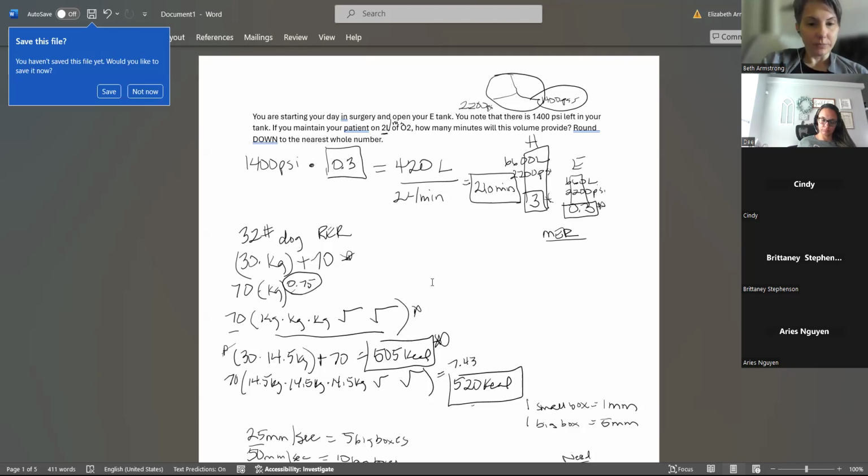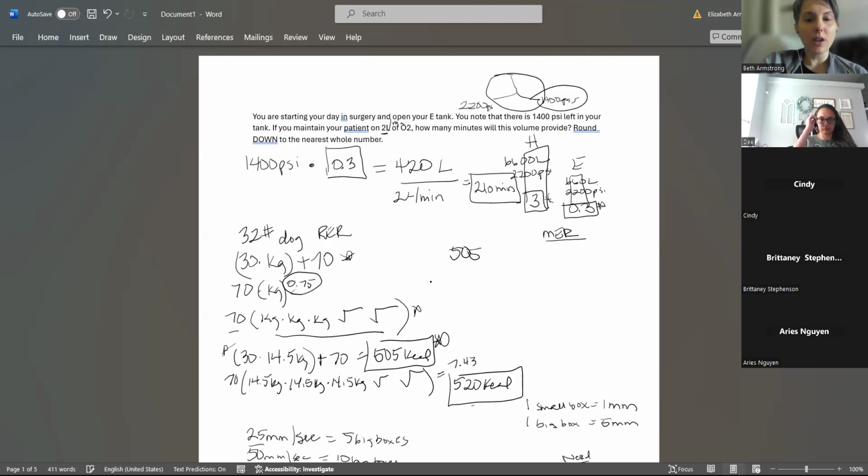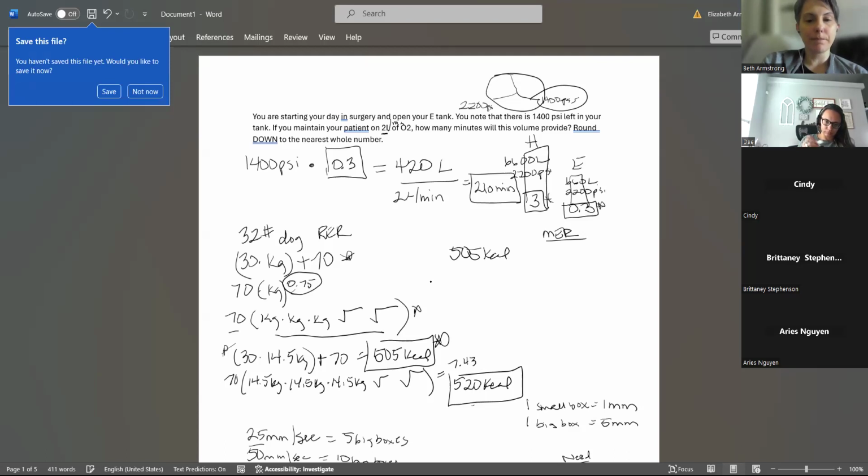So since we have that 505, what if we said this pet was pregnant? What should we be multiplying this 505 kilocalories by?